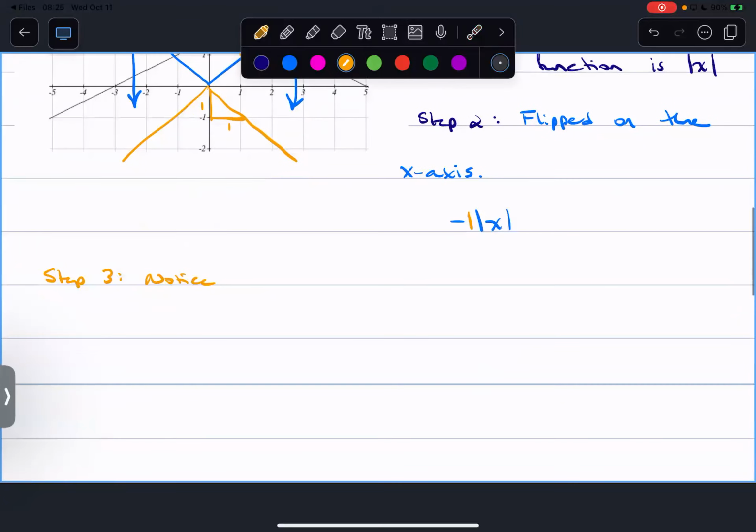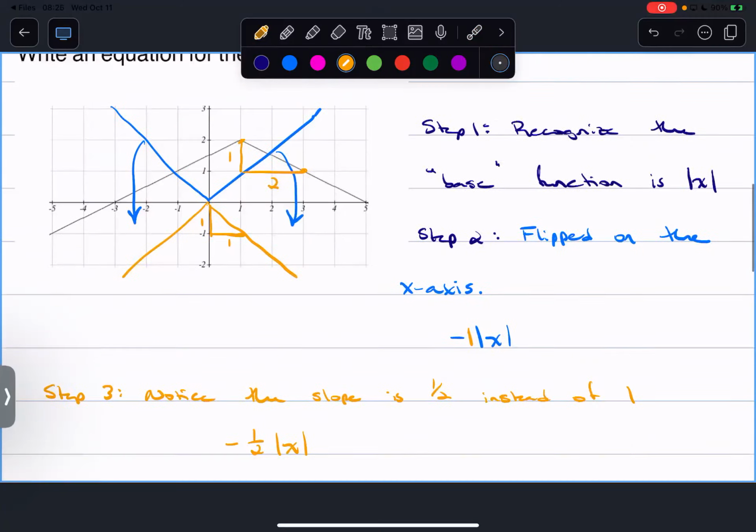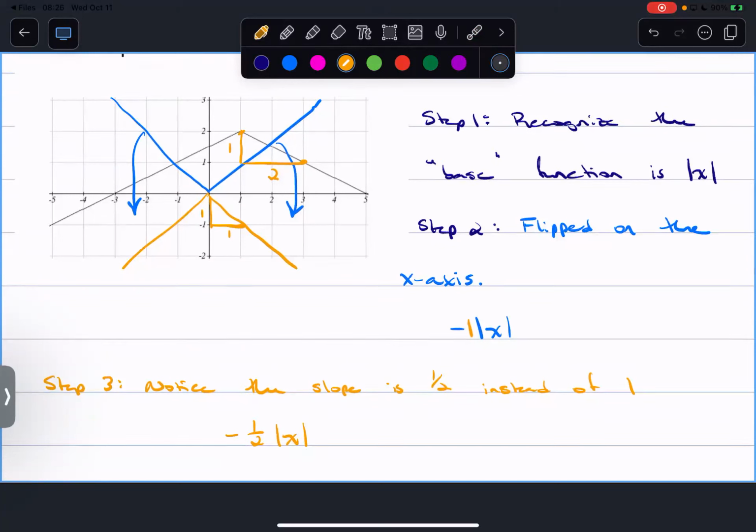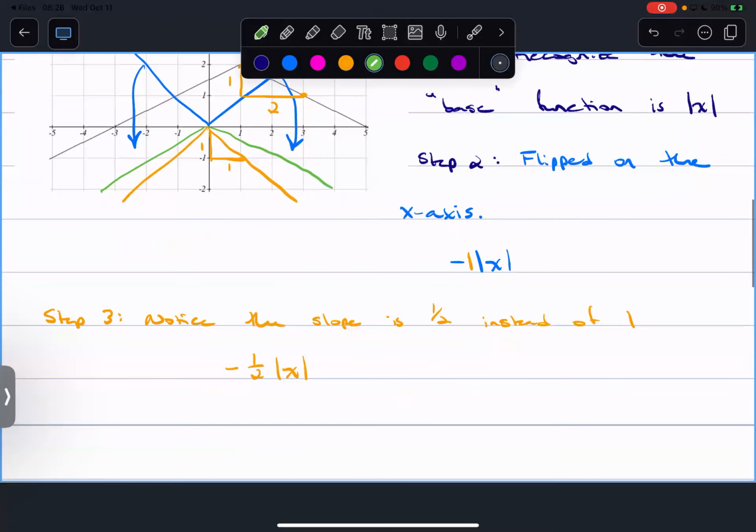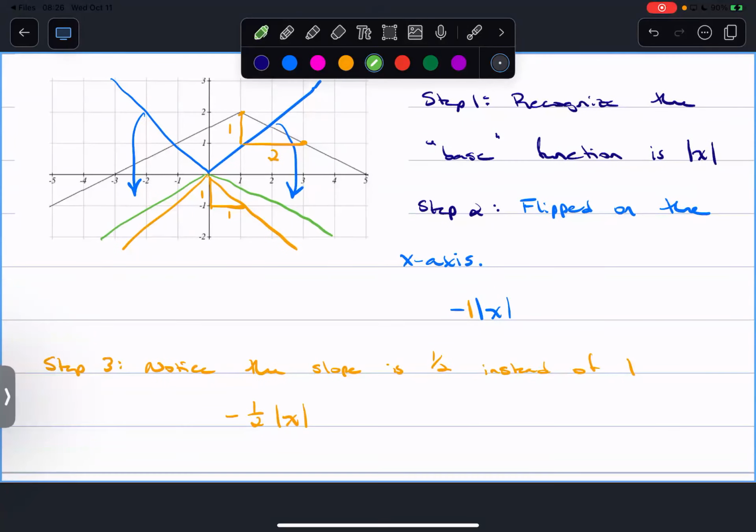So notice the slope is 1/2 instead of 1. So now we're at negative 1/2 times the absolute value of x. Okay, so that makes this a little bit wider, or just as wide as we wanted it. It's supposed to match, but I'm not drawing very well.